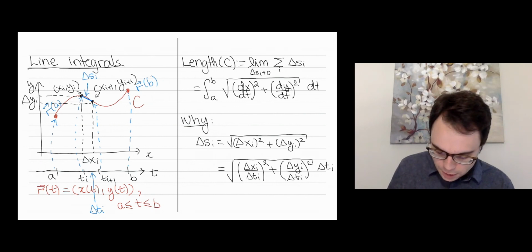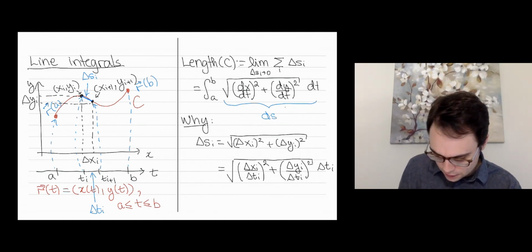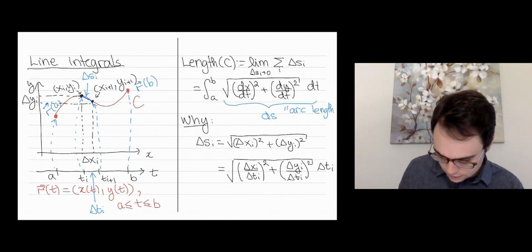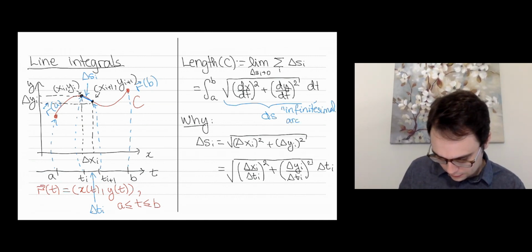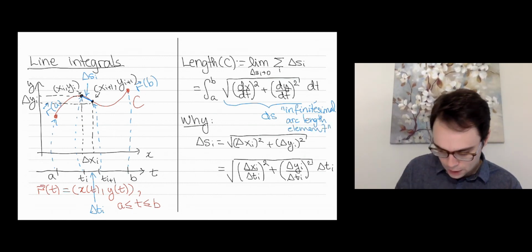It's going to be useful in the future to put this sort of expression together. So this is going to be ds, the infinitesimal arc length element on the curve.